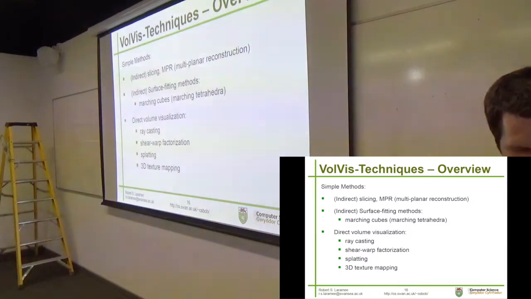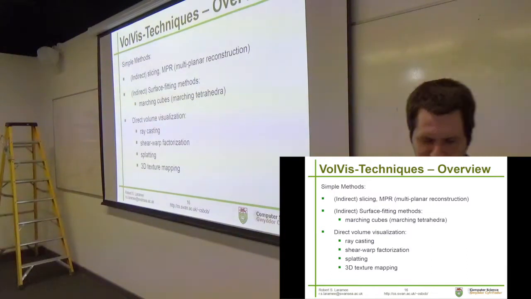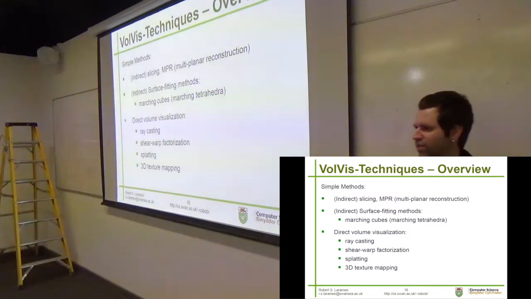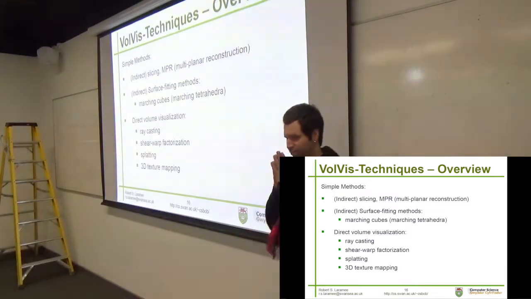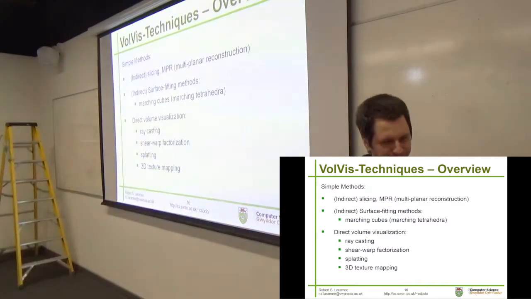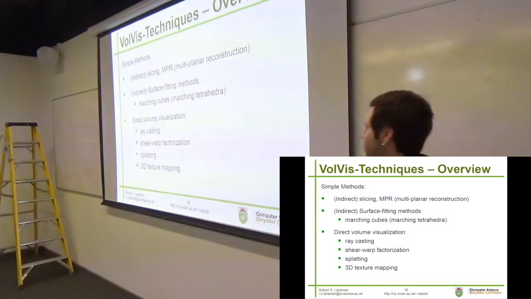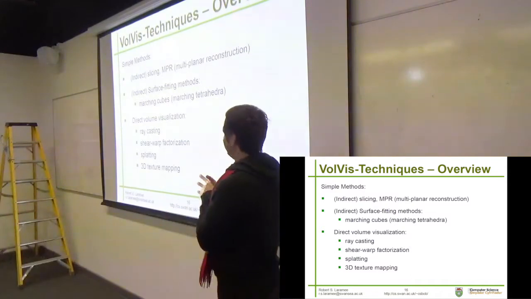Okay, so these are the next topics in the vol-Viz section. We're going to talk about slicing, so-called surface fitting methods, like how to extract those surfaces from 3D volume data. And then we're going to cover something called direct volume visualization.